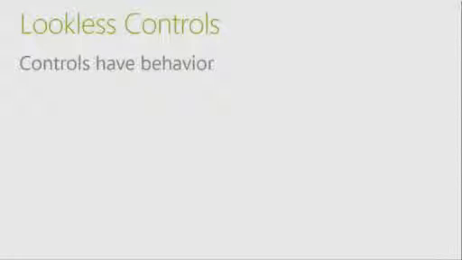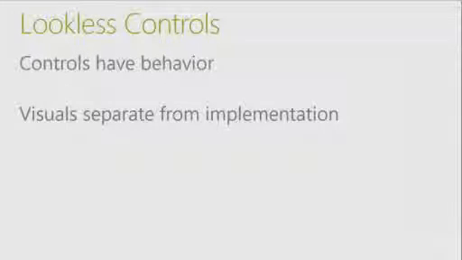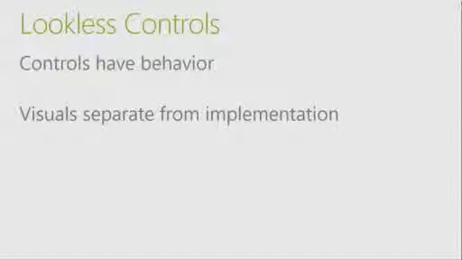Okay, so lookless controls, this is kind of a recap. A control has a behavior, it does something, but it has a separate visual implementation. So there are really two different workflows, two different files and two different roles here. One role is a developer defining the control, what it does, and one role is what we at IdentityMind call the integrator, defining how the control looks.